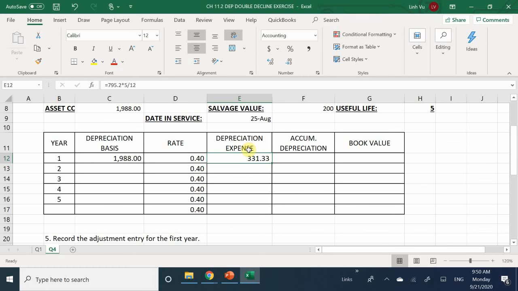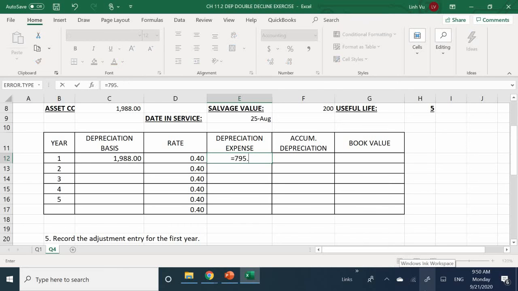So example right here. So what was it? It was 795.20. I can go ahead and just write 4 out of 12. I don't even need to take that extra step to think up that this is 1/3. I can just straight away type in 4 months.